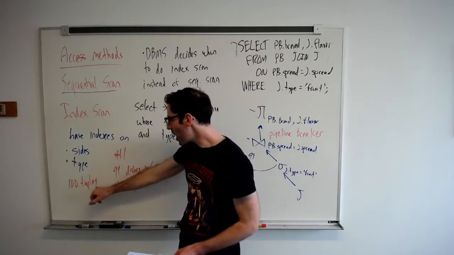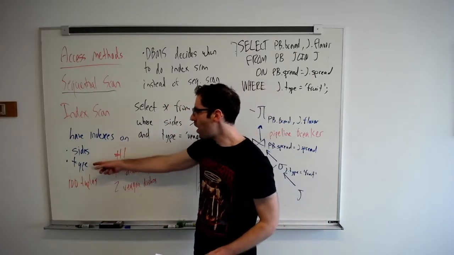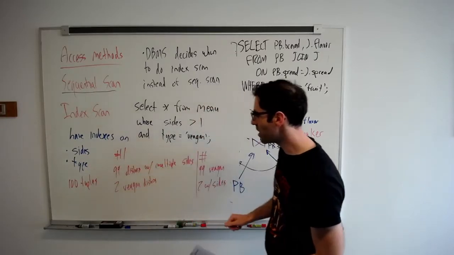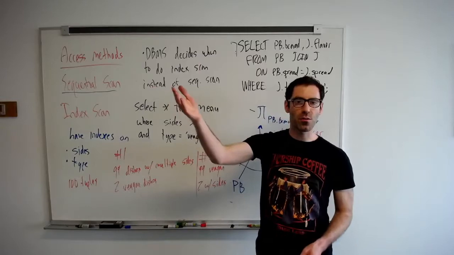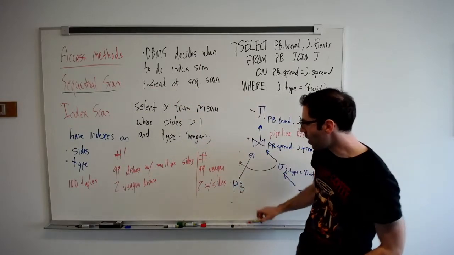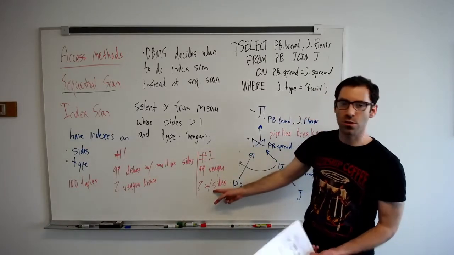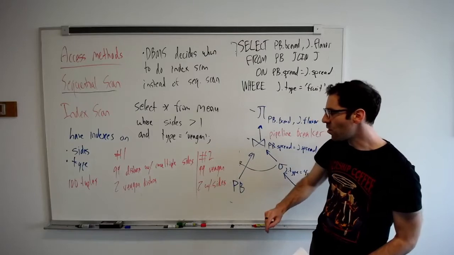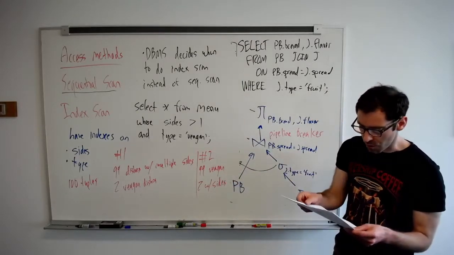But if we scan on type, it's going to take us from 100 to 2 tuples. And so using the type index in this situation is going to reduce the amount of work other parts of this query have to do. In scenario 2, this flips because the more selective index is on sides, and the one on type wouldn't do much for us.